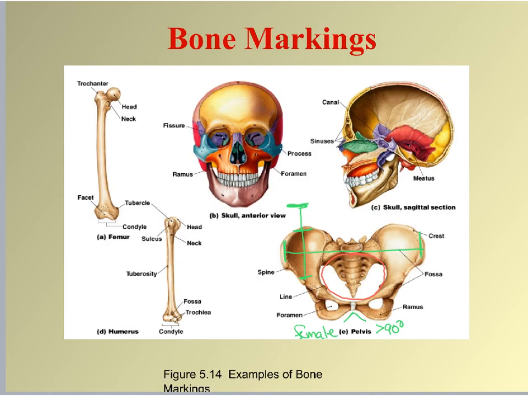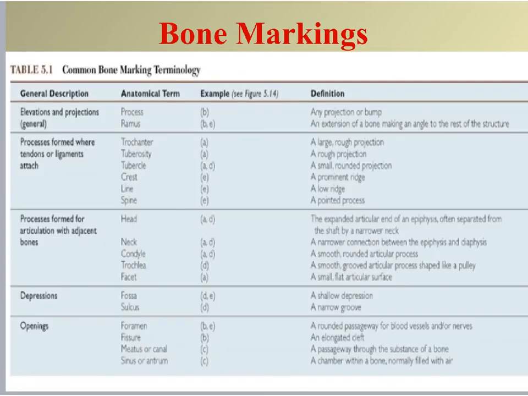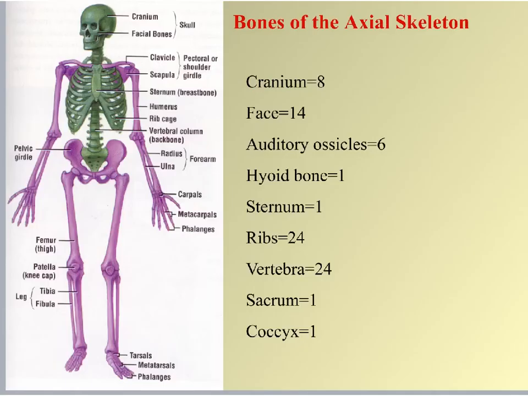Oh, one last thing. At the end of this recording, at the end of the PowerPoint, there are a couple of photos taken from your textbook that are about bones, bone markings, and which bones make up the axial skeleton and the appendicular skeleton. I made a separate recording on these slides, and it's in Canvas, and it's the recording that you'll use to help you get started on the lab activities.